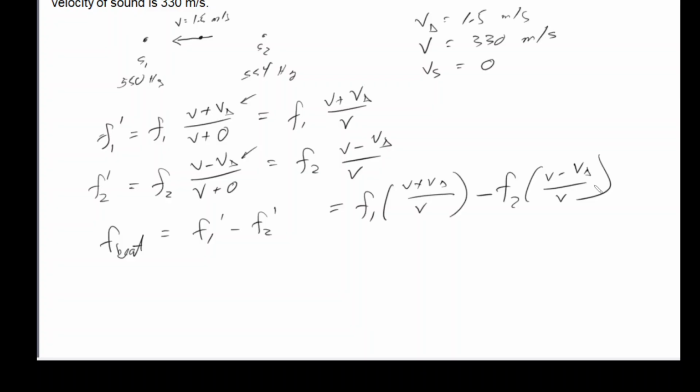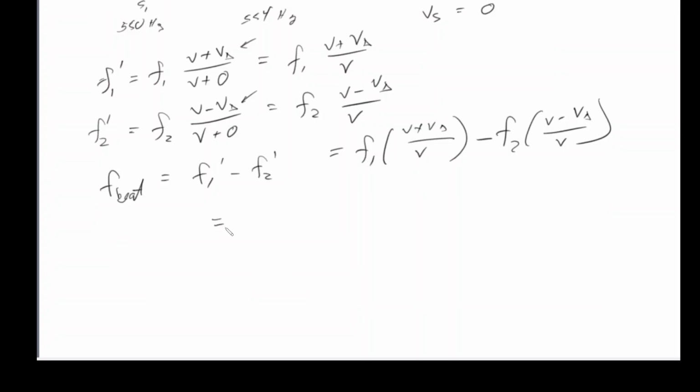And this becomes v of the detector over the velocity of sound times f1 plus f2 plus f1 minus f2, if you work out the algebra.